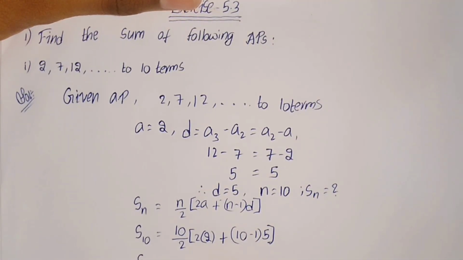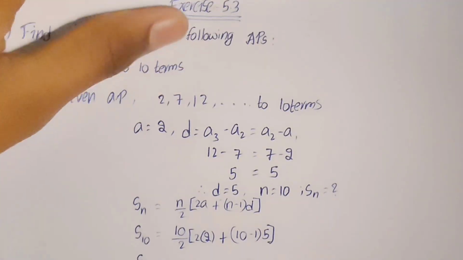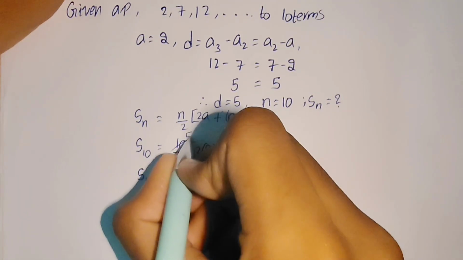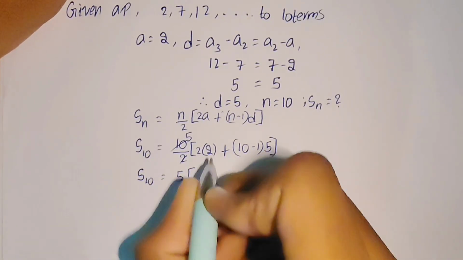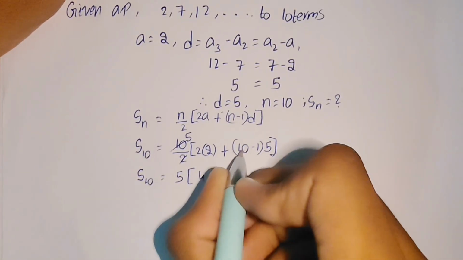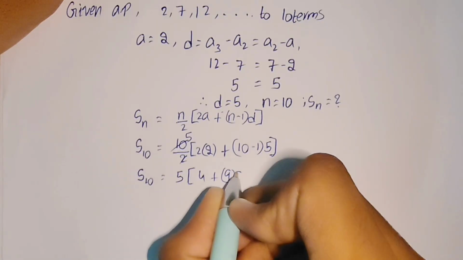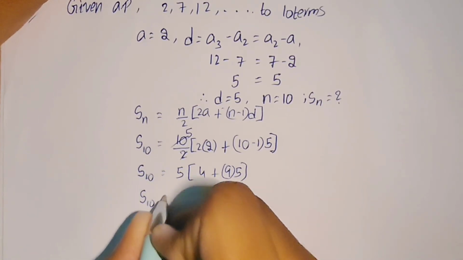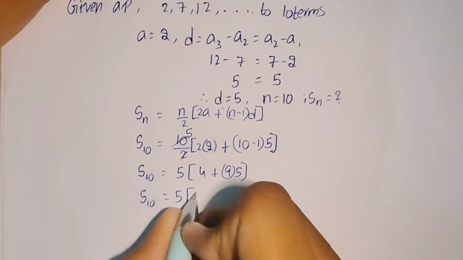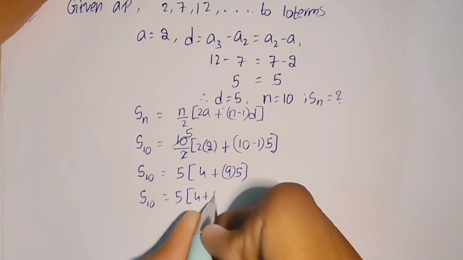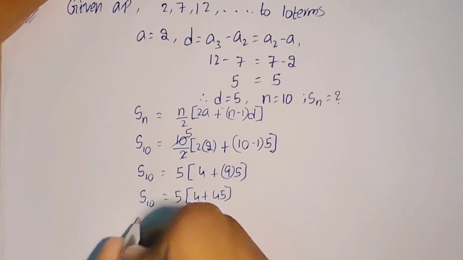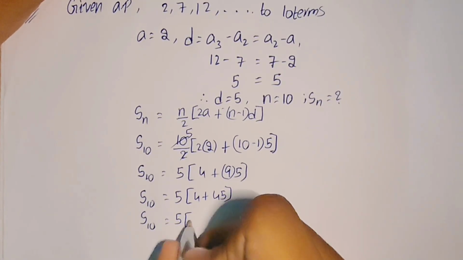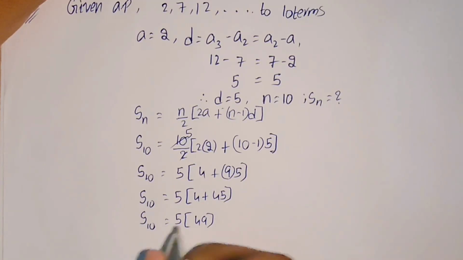So S base 10 equals, here 2 ones are 2, 2 fives are 10, so 5 into 2 twos are 4 plus 10 minus 1 means 9 into 5. So S base 10 equals 5 into 4 plus 9 fives are 45. So S base 10 is equal to 5 into 45 plus 4, 49.